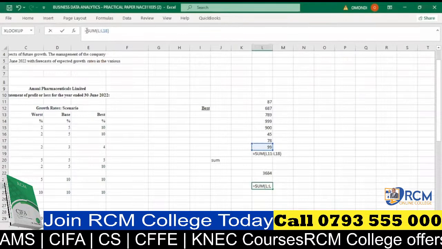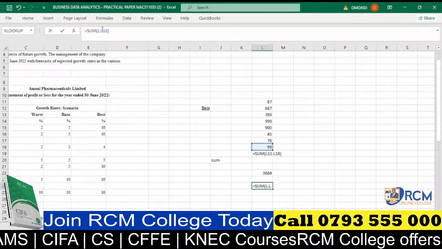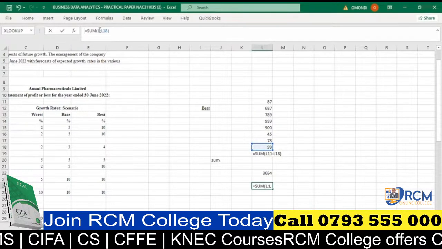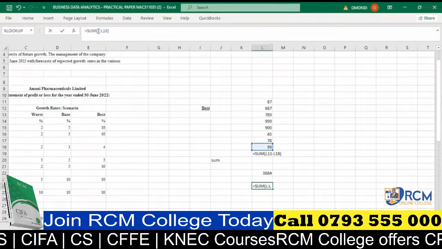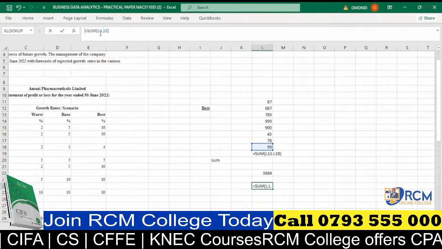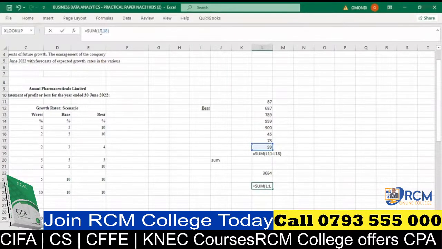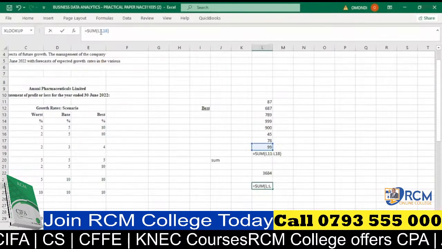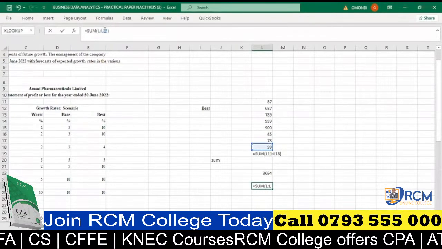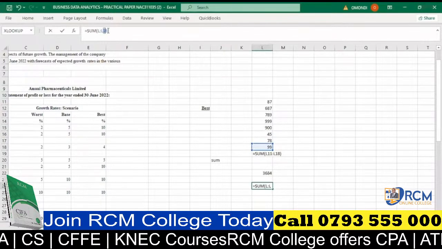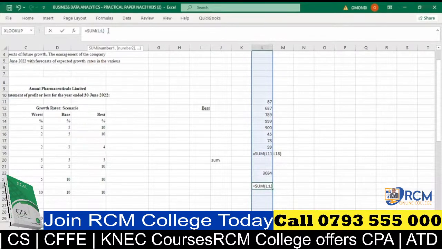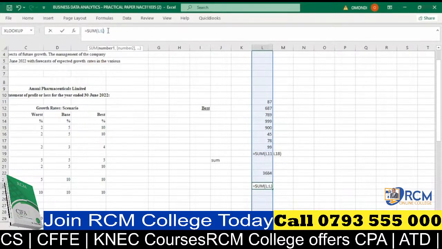So as you can see, I only have L. So the only one which is active is this. The other one does not specify. It only tells me the column, but there is no row number. So this one here is wrong. It does not indicate the row number. But the moment I also delete 18, so let me do away with 18, you will now see the entire column is now highlighted.